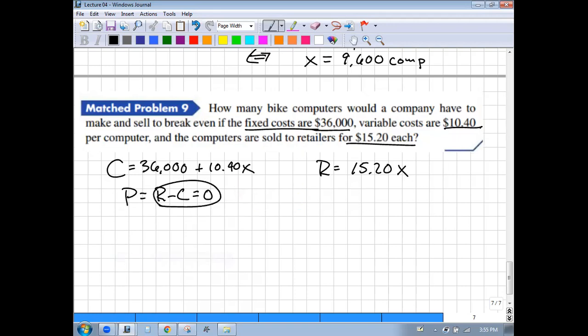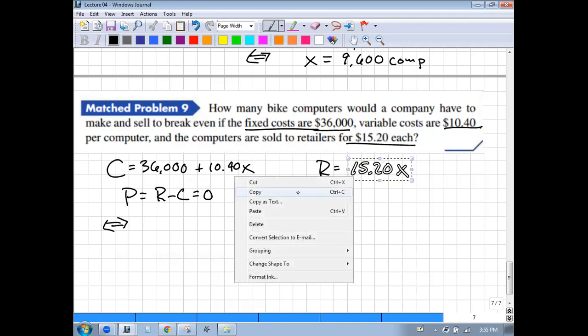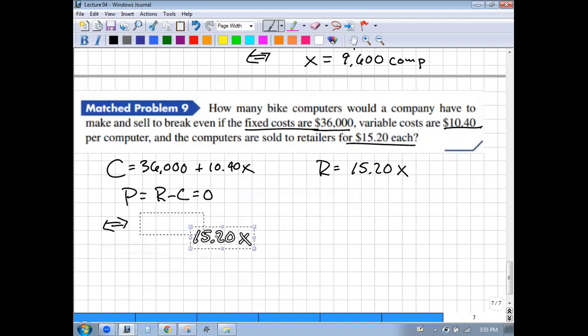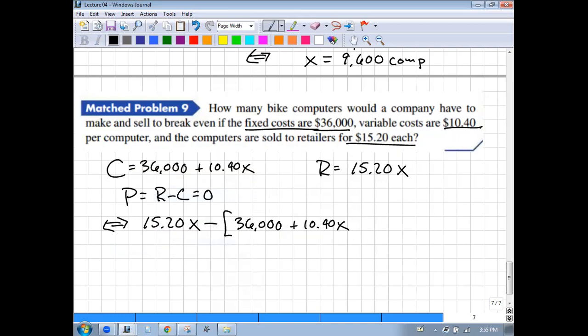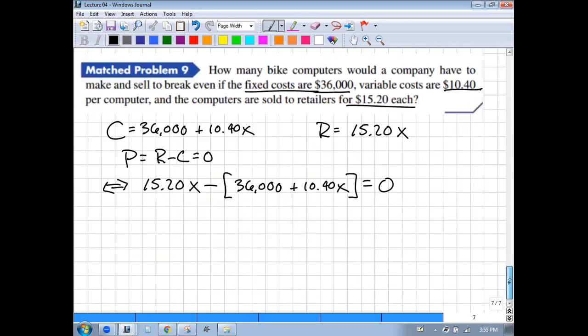We could say, here's revenue minus cost has to equal 0. It's the same thing as setting them equal to one another. Setting R equal to C is the same thing as saying R minus C equals 0. Right? It's the same thing.